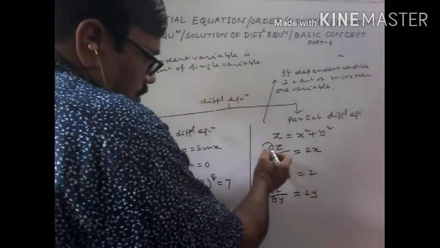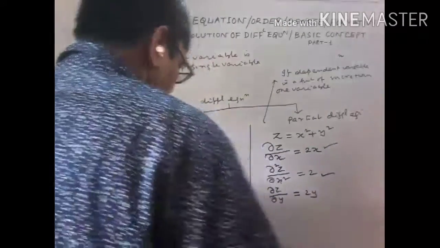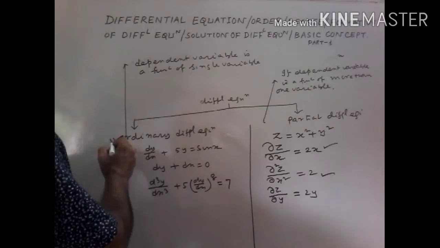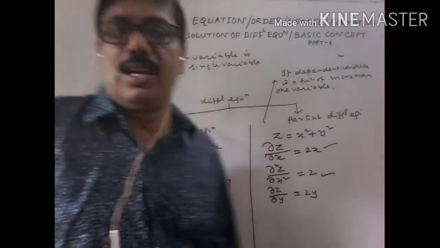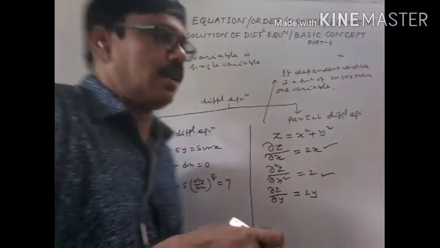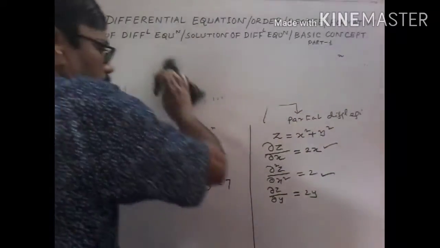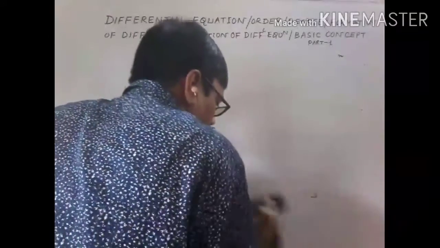From the symbol you can say this is partial. So we consider ordinary differential equations, which are included in our syllabus. So these are the two types of differential equations.